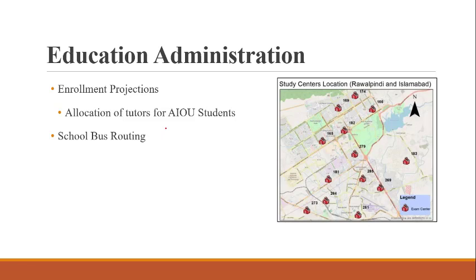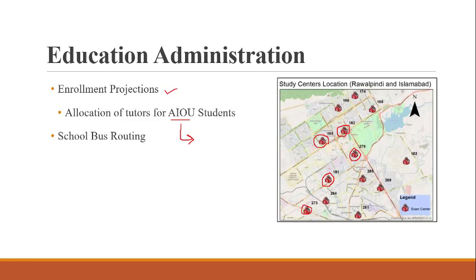In education administration, GIS is also helpful. For example, enrollment projects like Allama Iqbal Open University, which imparts distance education to students. So it is easy for the students to find their tutor with the help of GIS, because mostly teachers or tutors are given their location at different sites.